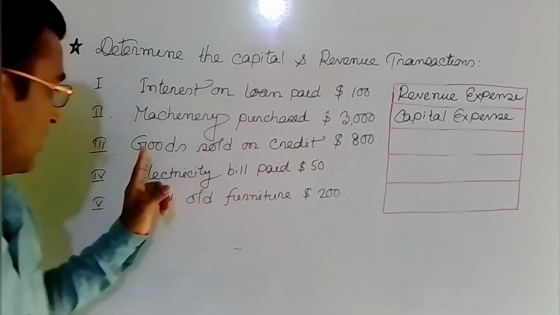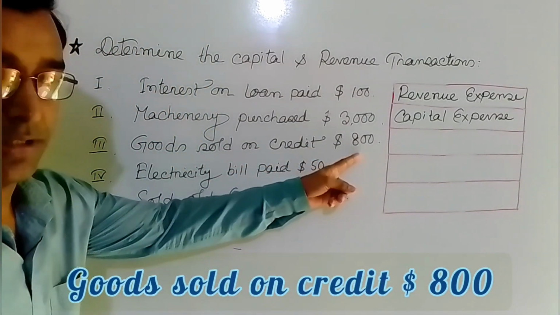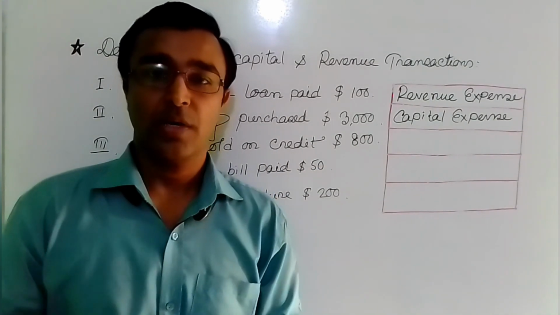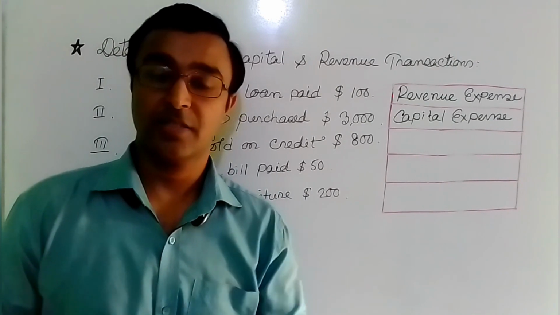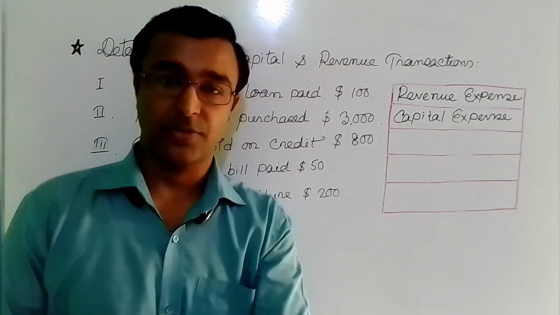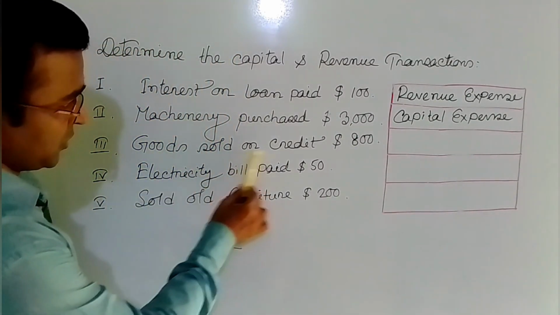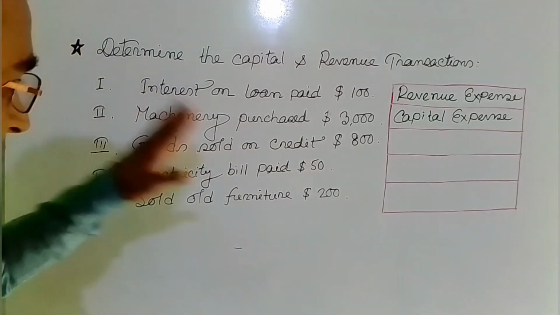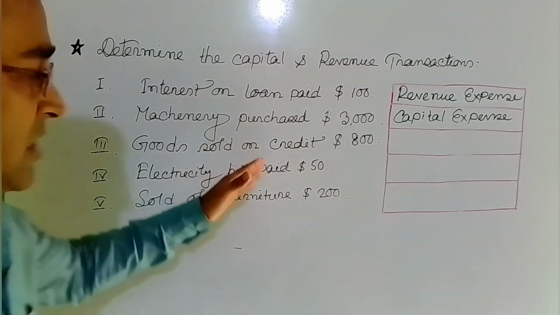Next one, goods sold on credit $800. There is a universal truth that each and every organization has several regular activities, and that is called purchase and sales. Now, goods sold on credit, here it depends on how the transaction has happened, cash or credit.